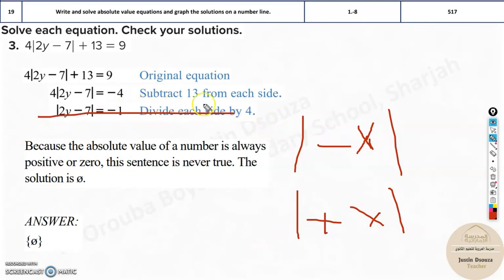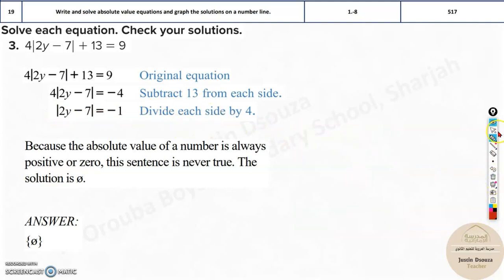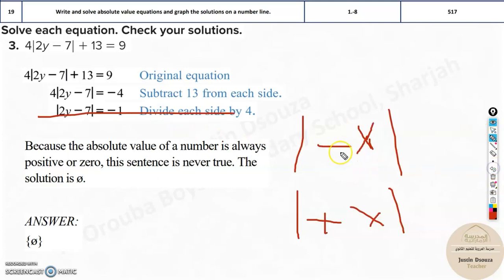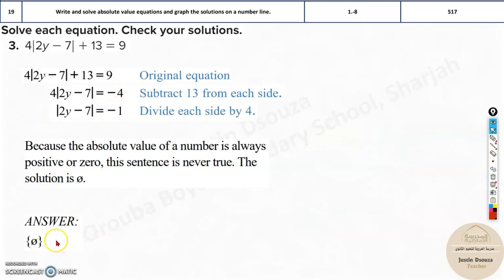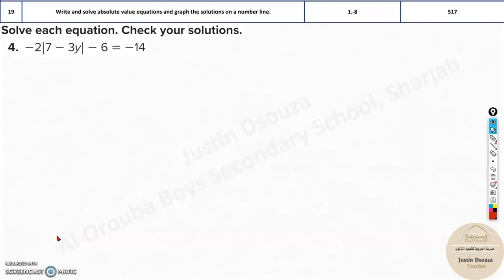Why is it very wrong? Because I have just shown over here: whether it is minus or plus, the answer will only be positive. That is why this is an error. You don't consider this. There is a null set, because try in your calculator. Put any value for y. The answer can never be a negative sign. It will only be positive. Now since they have shown a negative sign, that means it's a null set. It does not exist. That's it.